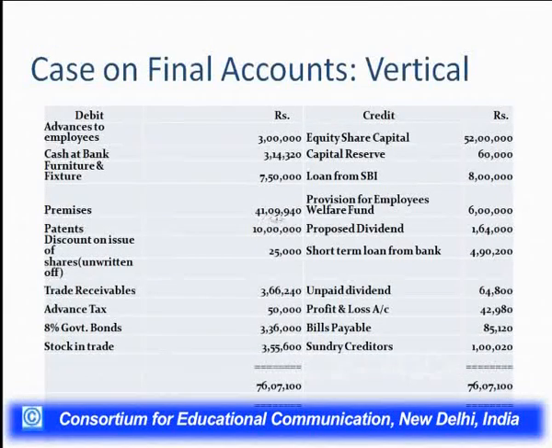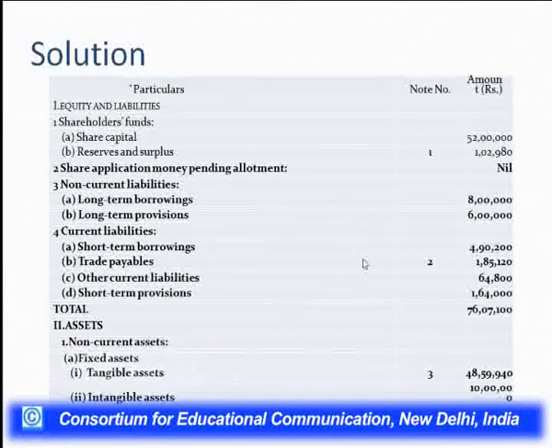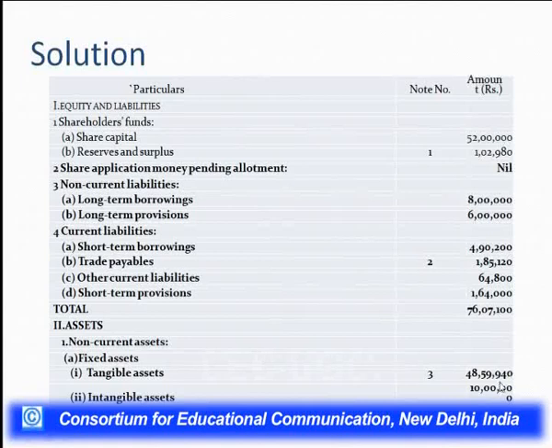We have been given premises of 41 lakh 9,940, and furniture and fixture of 7 lakh 50,000. If you sum them up together, you will get 48 lakhs 59,940.